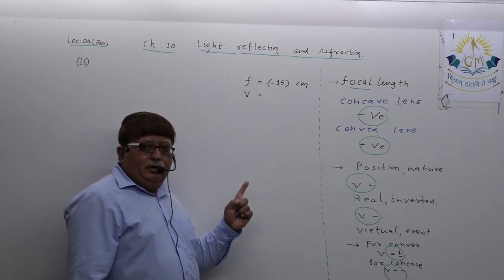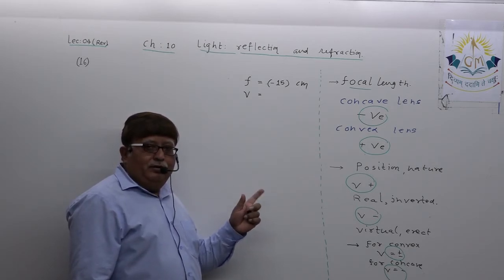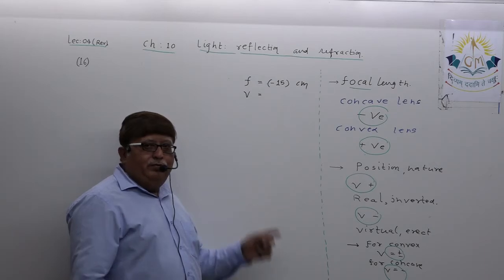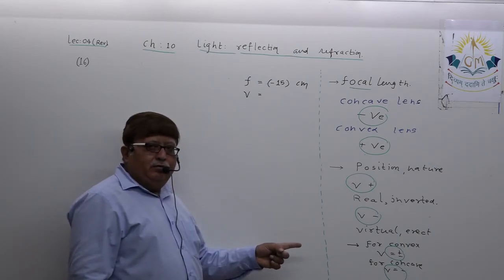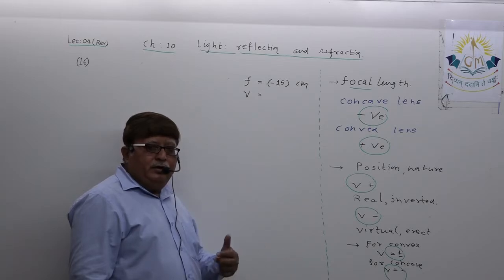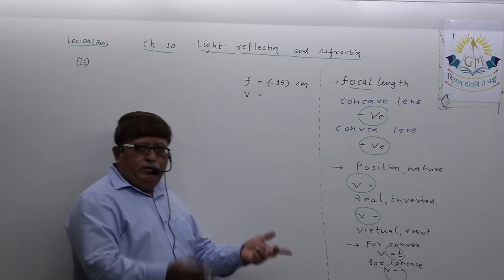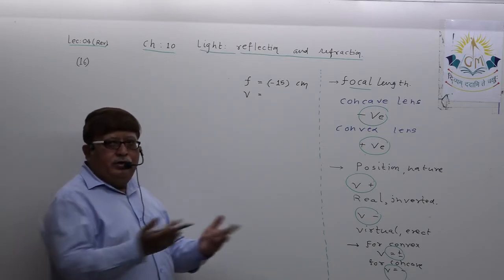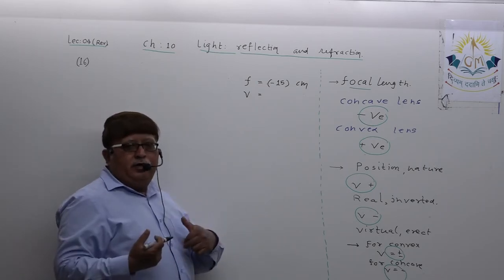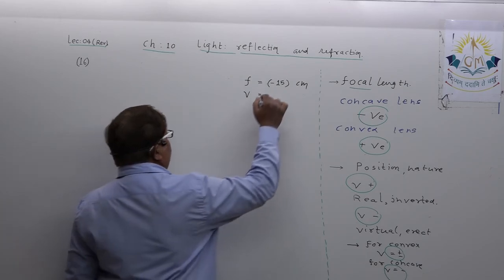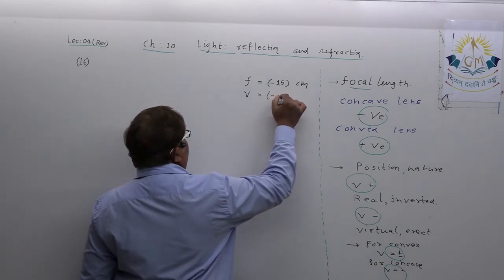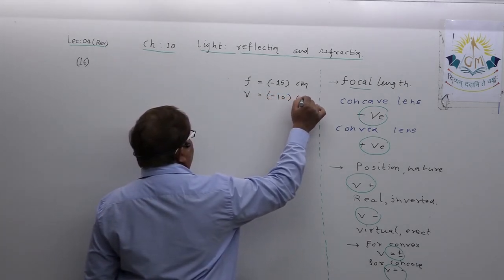Understand, V, should I take V negative or positive? If you are clear about the concept that in case of concave lens, V can never be positive because both the images are obtained on the same side of the lens. Understand? So, dear student, V is minus, okay?